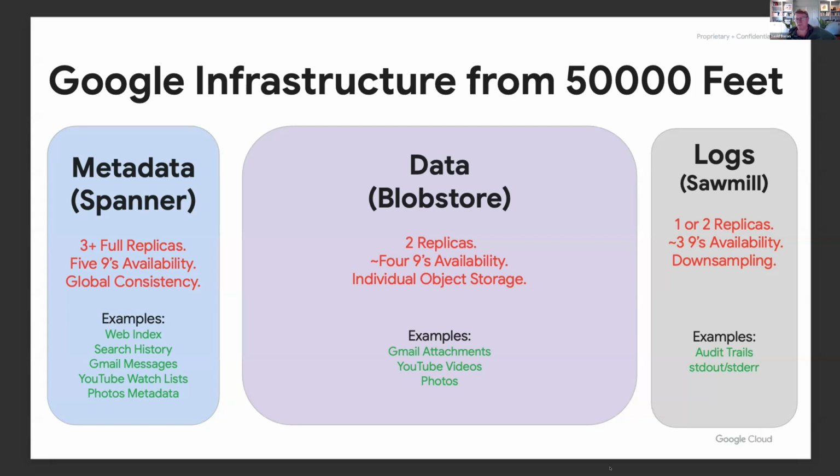So examples of what goes in here are audit trails, things so that we can make sure and prove that data hasn't been accessed by the wrong people. Also, every time we run a Spanner server, it's generating log information to standard out and standard error, and that gets accumulated and kept for quite a long time, for debugging purposes.